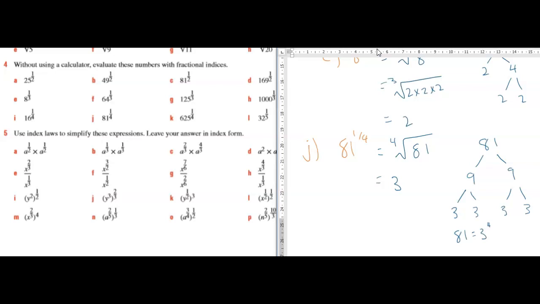So you're doing it the opposite way. Instead of doing 3 to the power of 4 gives you 81, you've got 81 and you're going to say, well, what number multiplied by itself 4 times gives me 81? So it's 3.